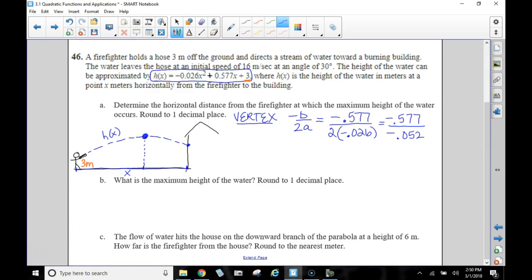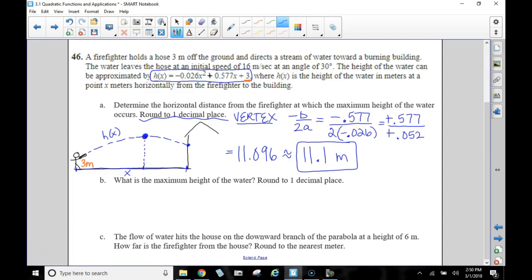The negative over a negative is a positive, and 0.577 divided by 0.052 gives 11.096. They said to round to 1 decimal place, so 11.1, meaning he's 11.1 meters away from the highest place where the water hits.